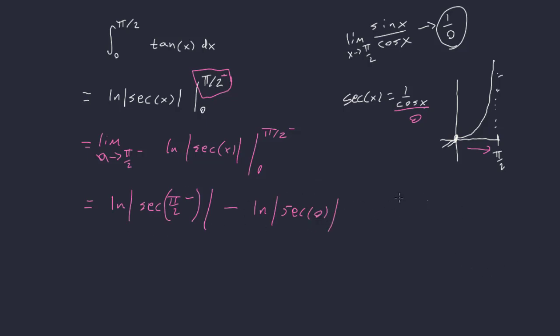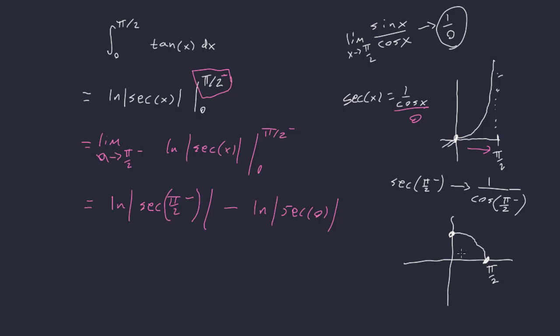Okay, so here's what we need to establish, right? Secant of pi over 2 from the negative side is going to be 1 over cosine of pi over 2 from the negative side. Now cosine, all right, it looks like this. It starts up positive and then it hits 0 here at pi over 2.